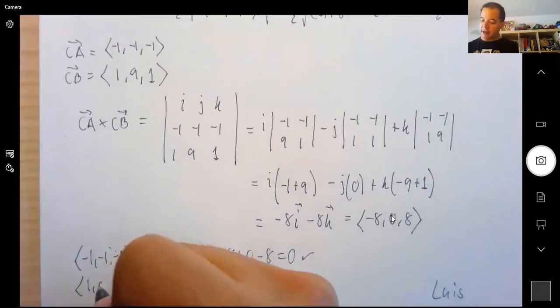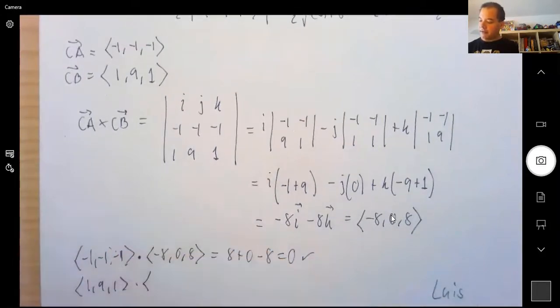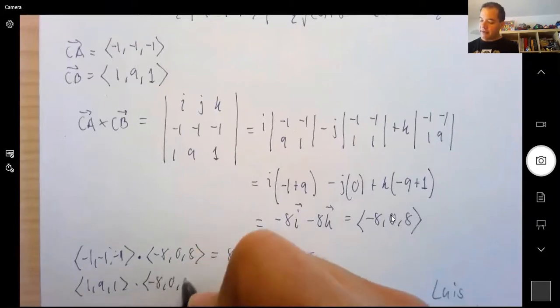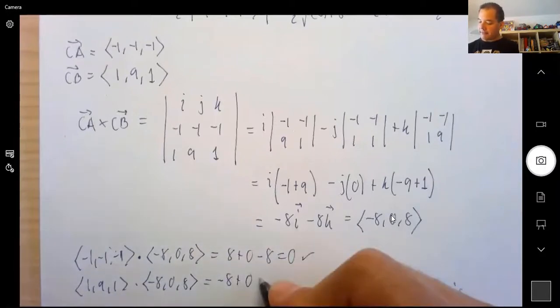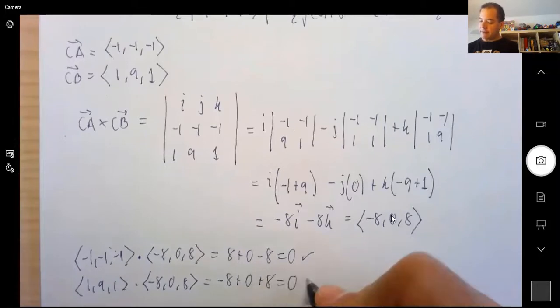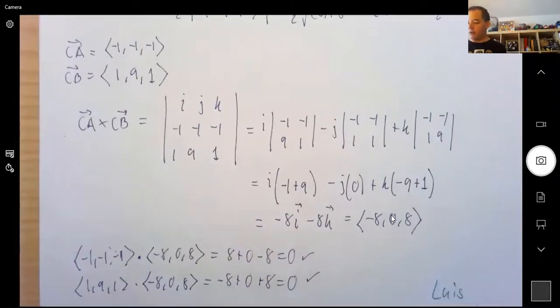Well, 1, 9, 1 with negative 8, 0, 8. So 1 times negative 8, 9 times 0, and 1 times 8. 0 again, right? So it works in both cases.